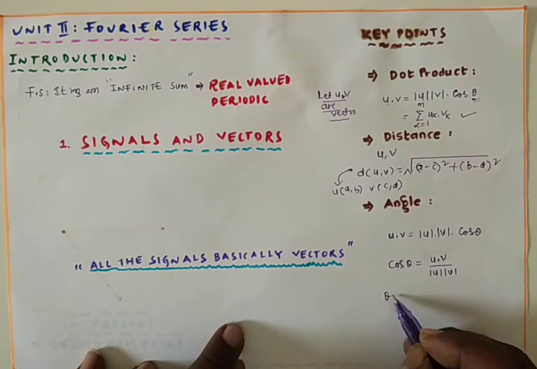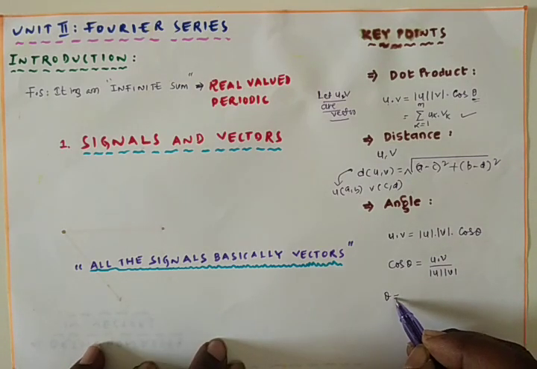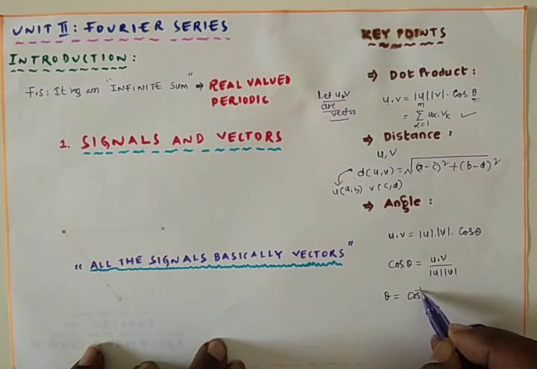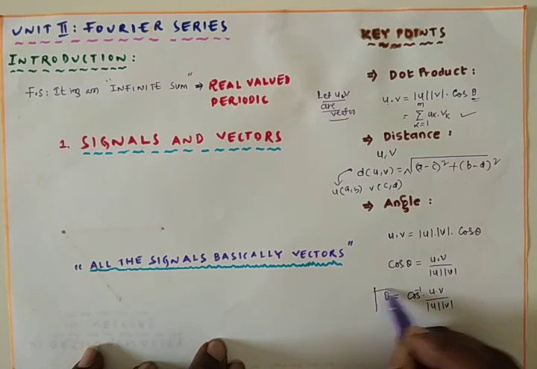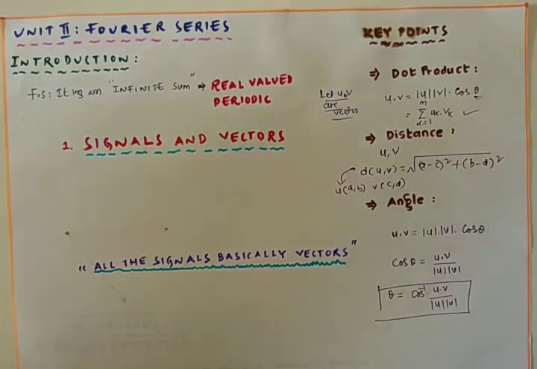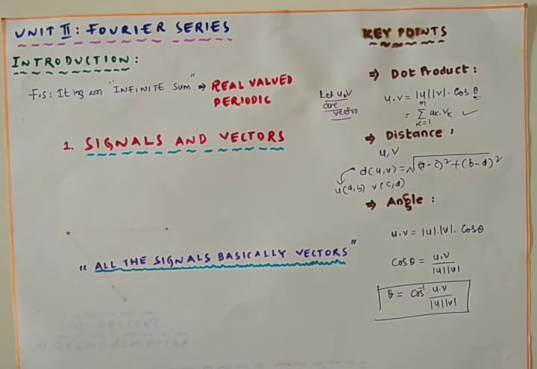Then theta is equal to cos inverse of u dot v by modulus u into modulus v. This is the theta, the angle between the two vectors. This is the dot product.